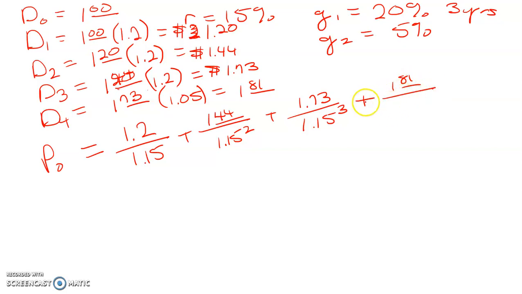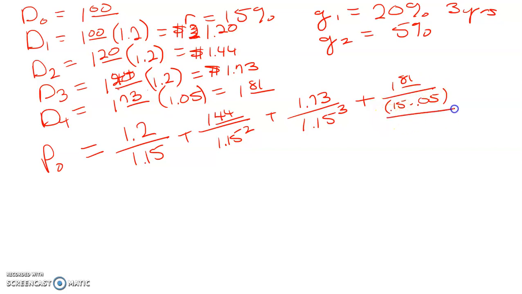We're going to employ the constant growth model or Gordon growth model. That would be D4 divided by R minus G. That's 0.15 minus 0.05. This is our required rate of return. This is our constant growth rate. If you're entering this into a graphics calculator, you need to use parentheses.